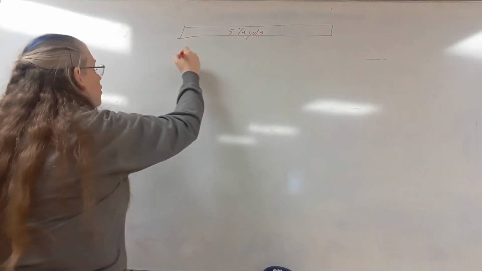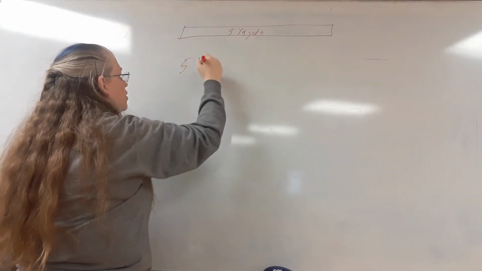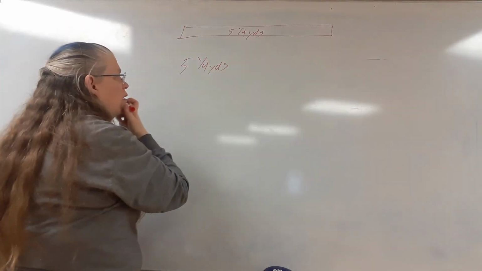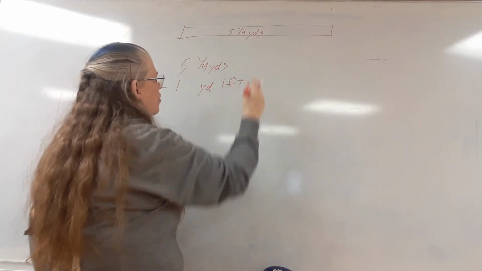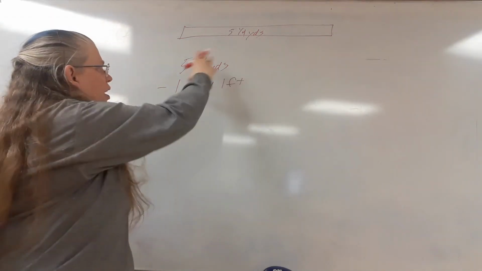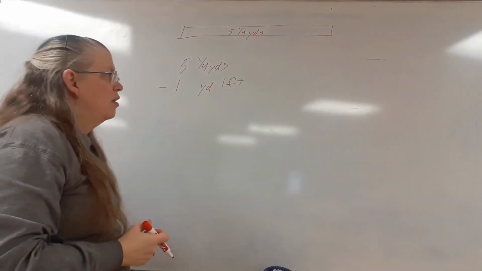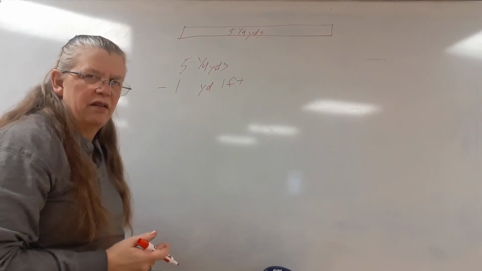So we have 5 1/4 yards minus 1 yard, 1 foot. Okay, we have all sorts of different units going on here. So how do we do that?